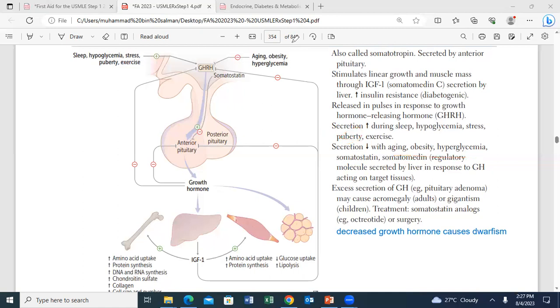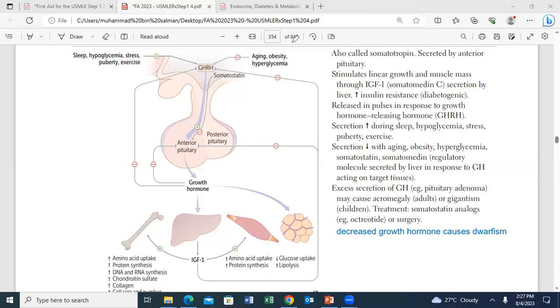What if there is excess growth hormone? Now, the effect of excess growth hormone really depends on age. If the patient is in growing age, excess growth hormone will lead to increased growth. This will be called gigantism. The child will have a great height, like a giant.